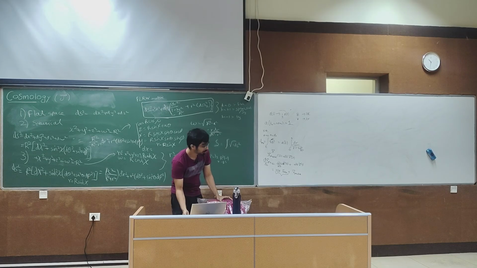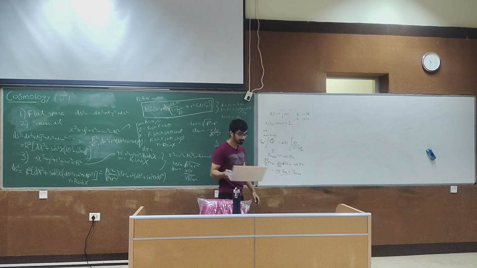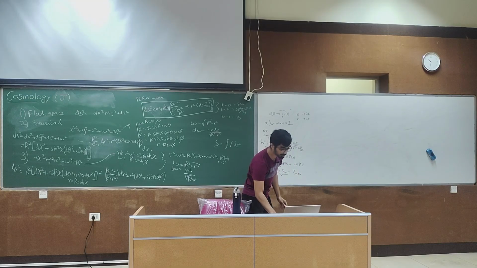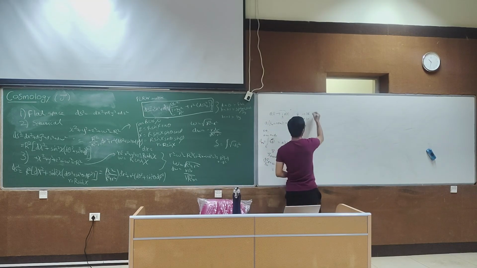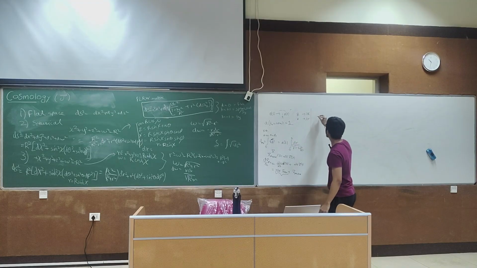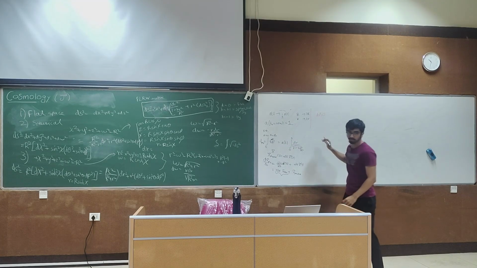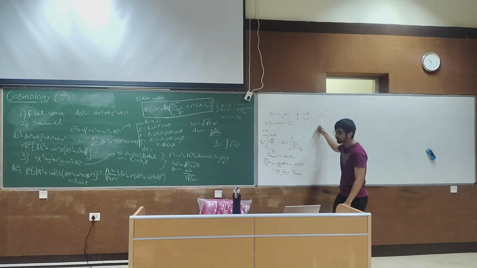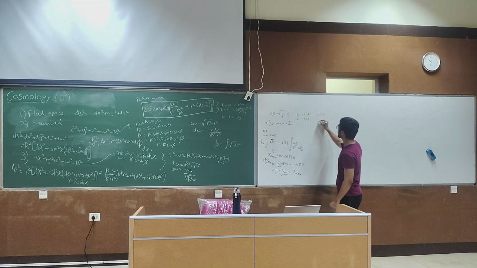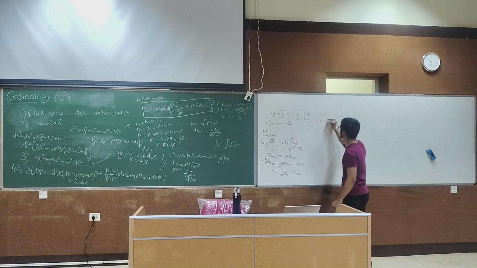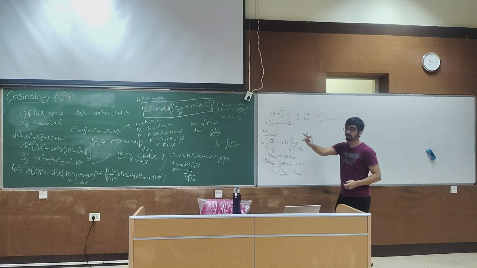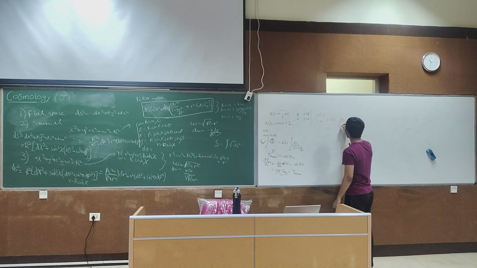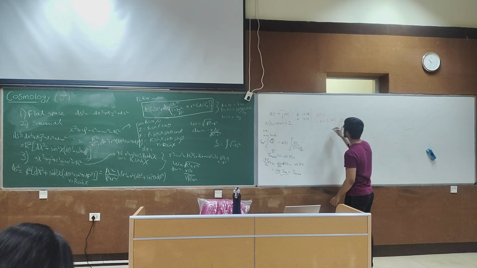Yeah. So we have this metric. Some of you might know that the equation of motion of light is given such that ds squared is 0. Light follows this equation of motion, from which you can immediately see that c dt is plus minus square root of a of t dr, assuming it's moving in the radial direction only.